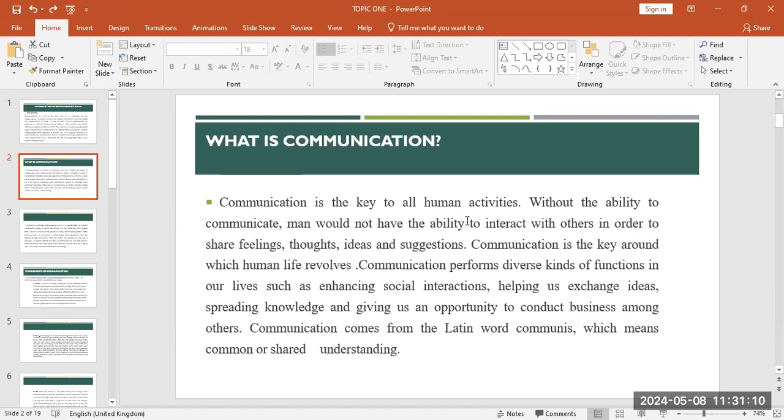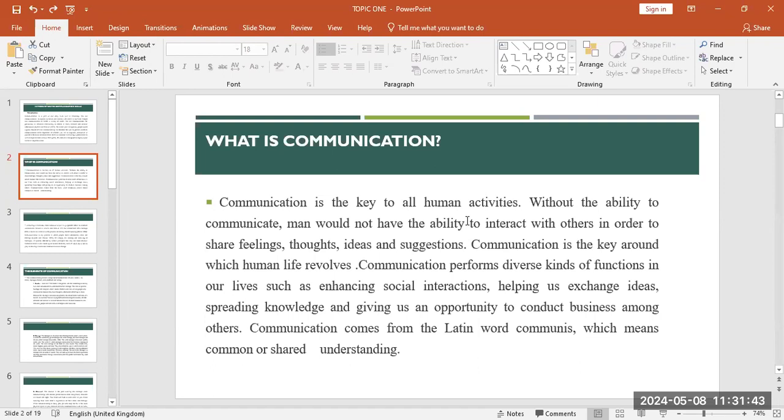I told you from the onset that you cannot interact with other people if you don't know how to communicate. If you cannot tell us who you are, where you are coming from, why you need me to be your friend, then I will not be your friend. So without the ability to communicate, a human being would not be able to interact with others in order to share feelings.